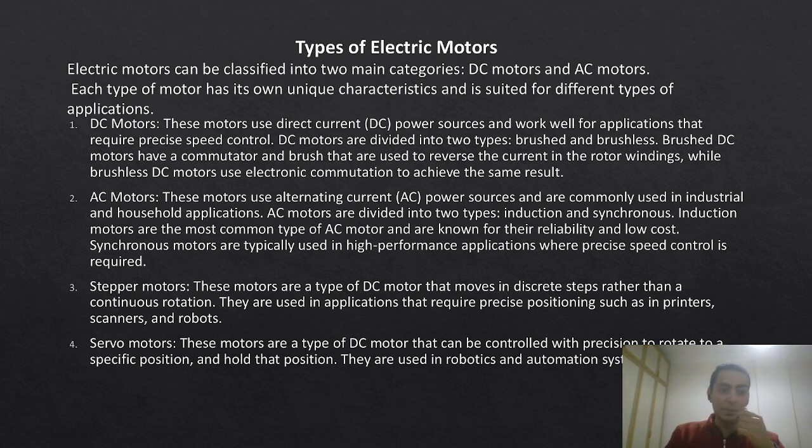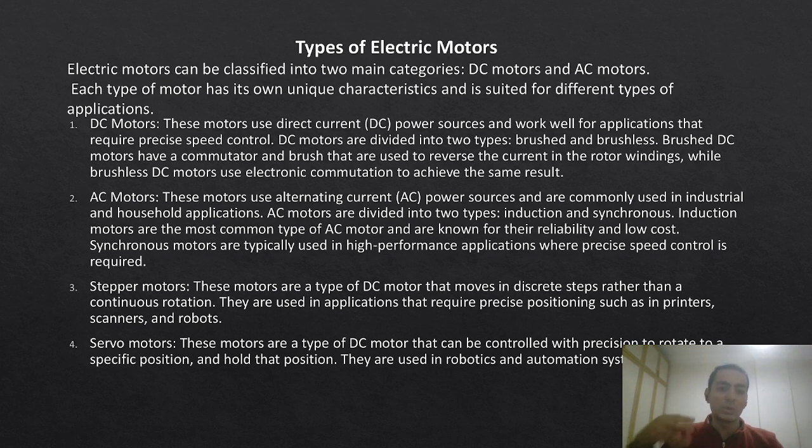The first type is DC motors. These motors use direct current power sources and work well for applications that require precise speed control. DC motors are divided into two types: brushed and brushless.